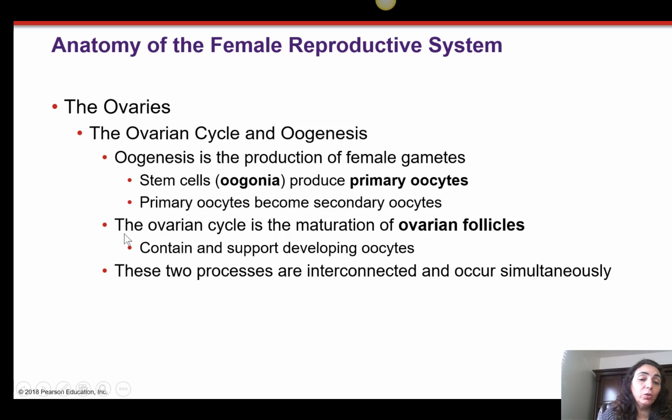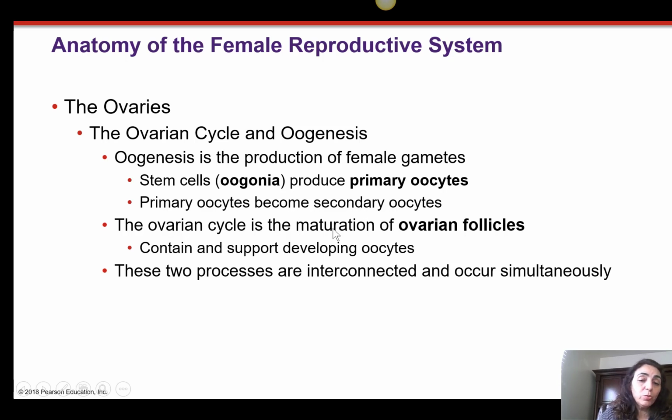We're going to talk about all the details, which one is haploid, which one is diploid, and all those. So far this is almost the same as spermatogenesis: we have stem cells, they produce primary oocytes, which divide and make secondary oocytes, right?